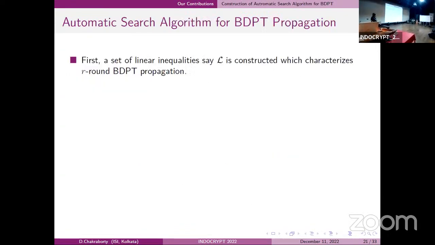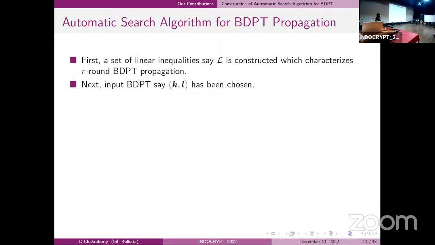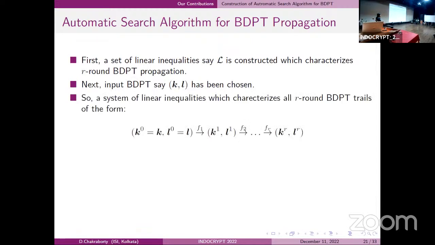And finally, the automatic search algorithm. So all tools are here. We are now going to construct the automatic search algorithm for BDPT propagation. In order to do that, first we construct a set of linear inequalities, because we model it in MILP. So we have constructed a set of linear inequalities which characterizes the r-round BDPT propagation, starting from the initial division property, say K and L, of the form like this.